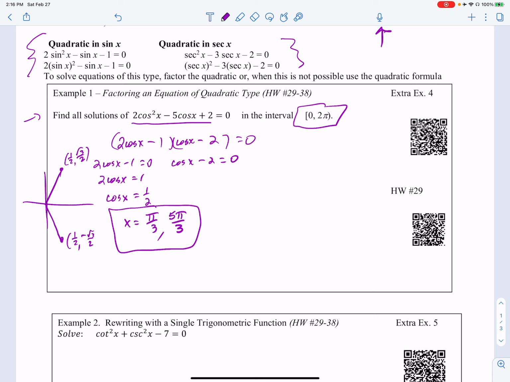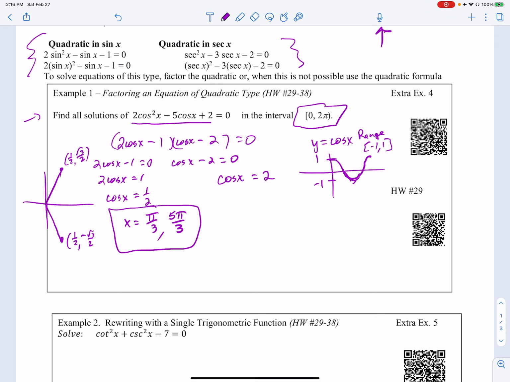And then on the next one, we have cosine of x equals 2. Well, if you think about the graph of y equals cosine of x, okay, that should go down a little bit further, but it's going from 1 to -1. And the range, the output, is only from -1 to 1.